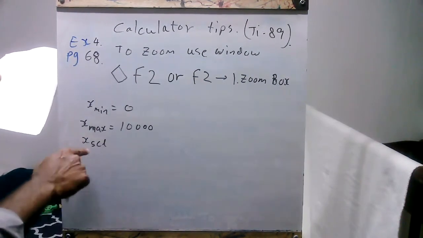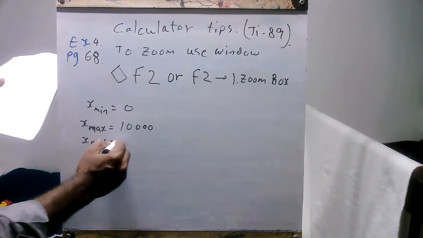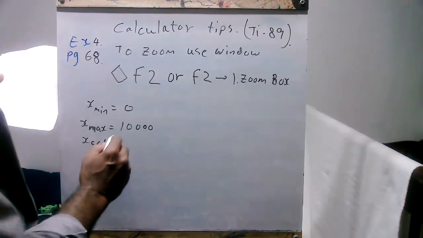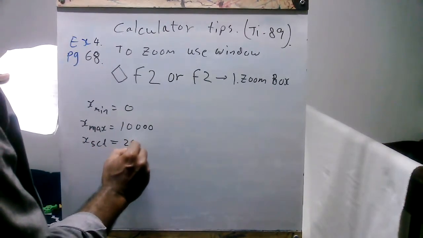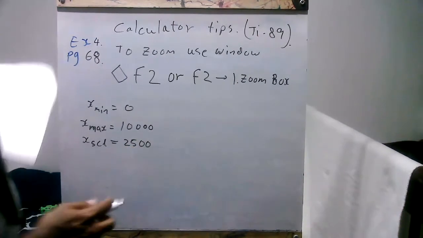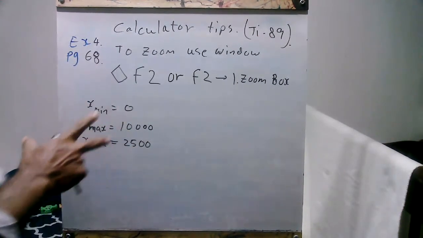SCL means X scale. Set it to 2500. This is not a must, you can try different values.